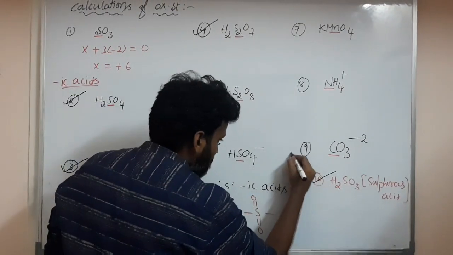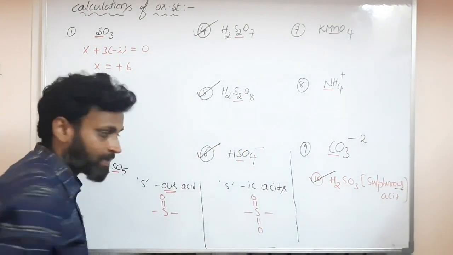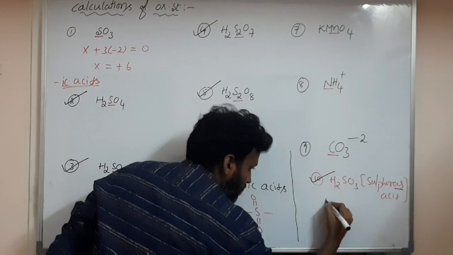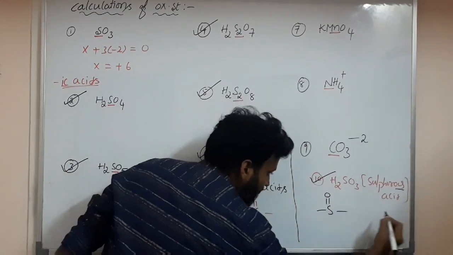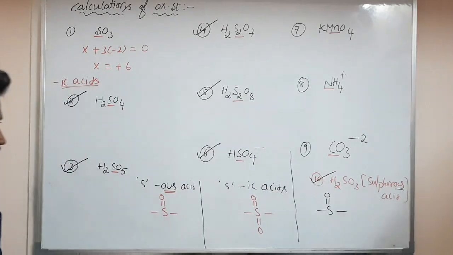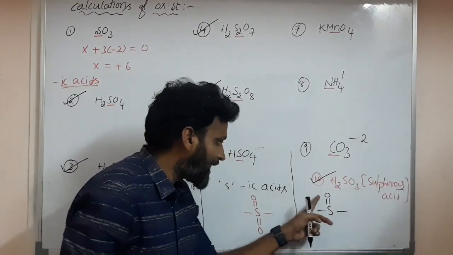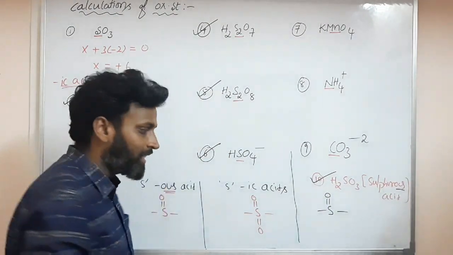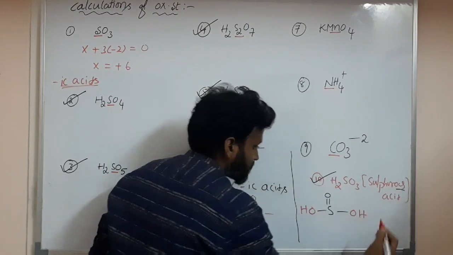Us, sulfurous. S has 1 double bond O and 2 single bonds like this. This is the skeleton structure. There are 3 oxygens. 1 oxygen as S double bond O, and the remaining 2 oxygens are OH and OH.